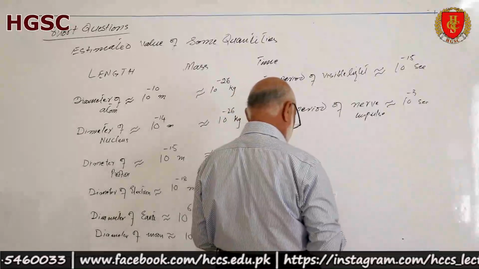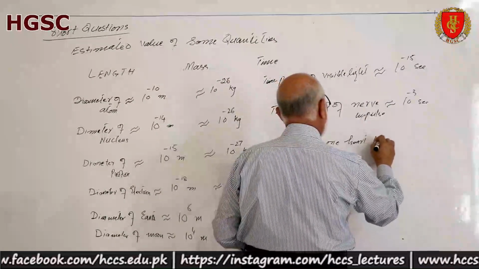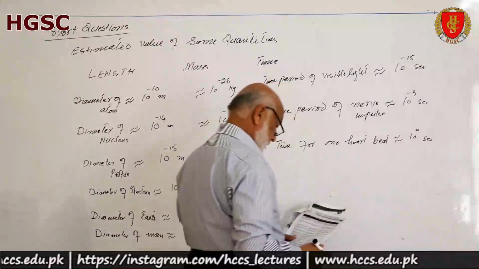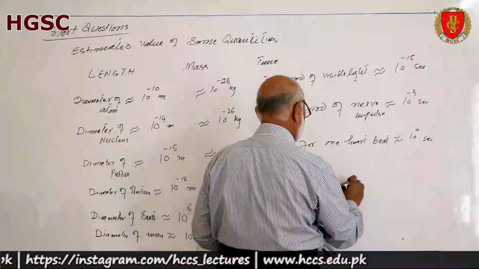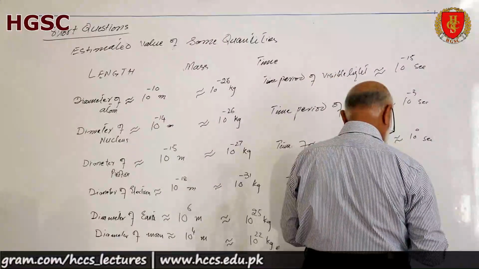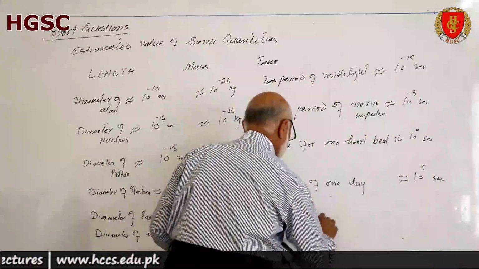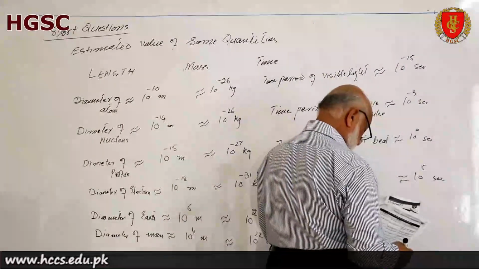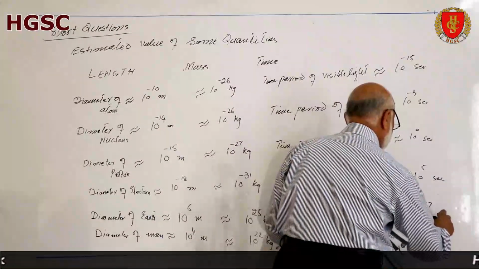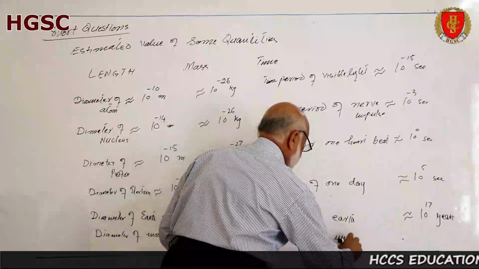Time for one heartbeat is approximately 1 second and time of 1 day is 10 per 5 seconds, and age of Earth is approximately 10 per 17 years. Age of universe.